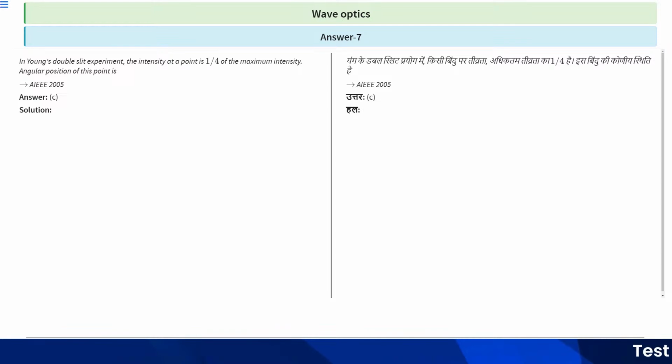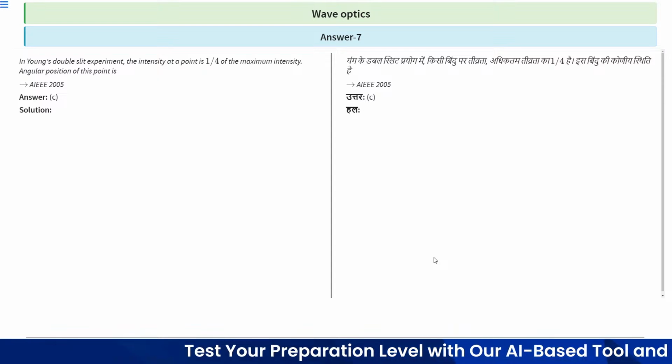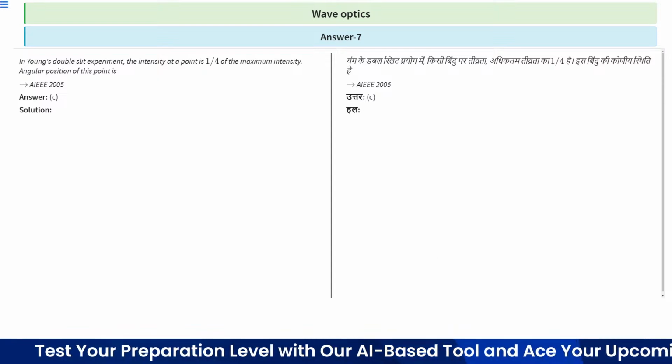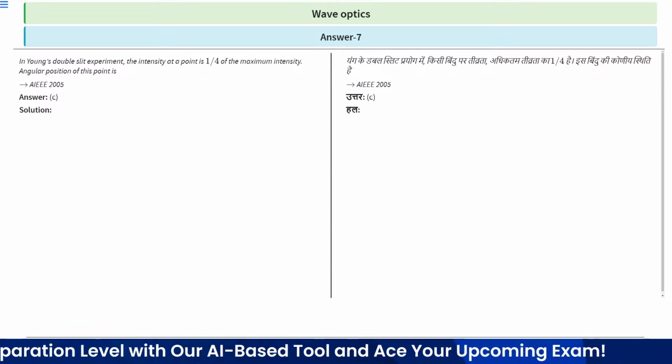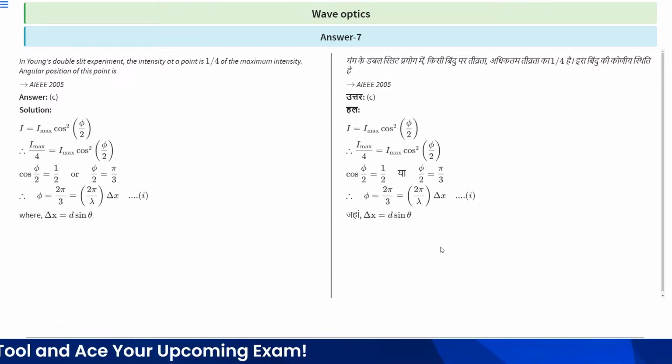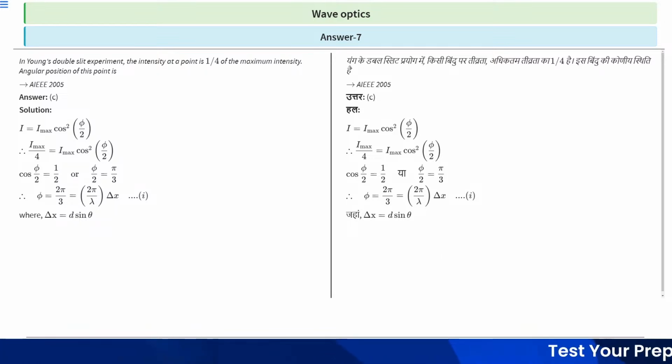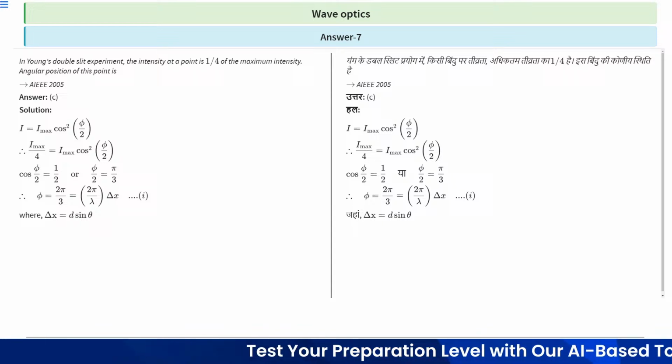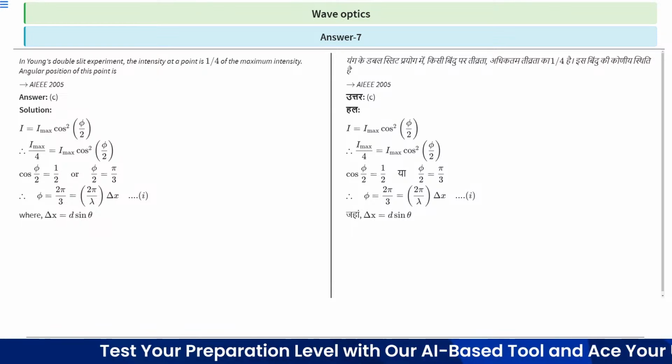So in Young's double slit experiment, the intensity at a point is 1/4 of maximum intensity, and this is the important point. The question asks about the angular position of this point. So we know the relation from the Young's double slit experiment: I is equal to I max cos square phi by 2, where phi is the phase difference.